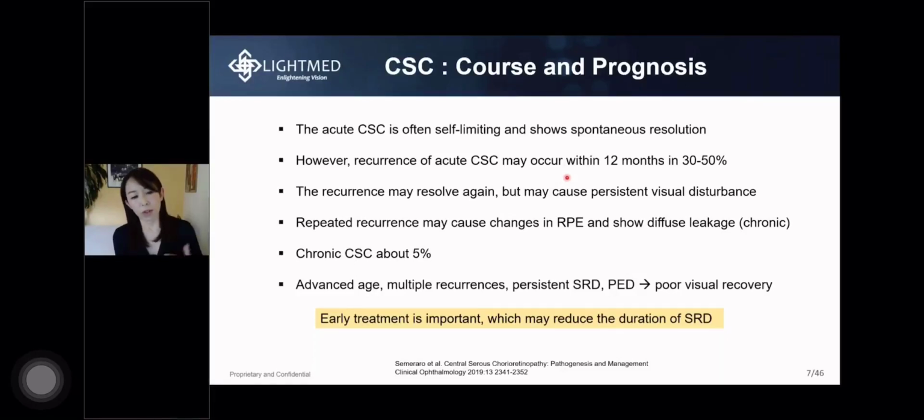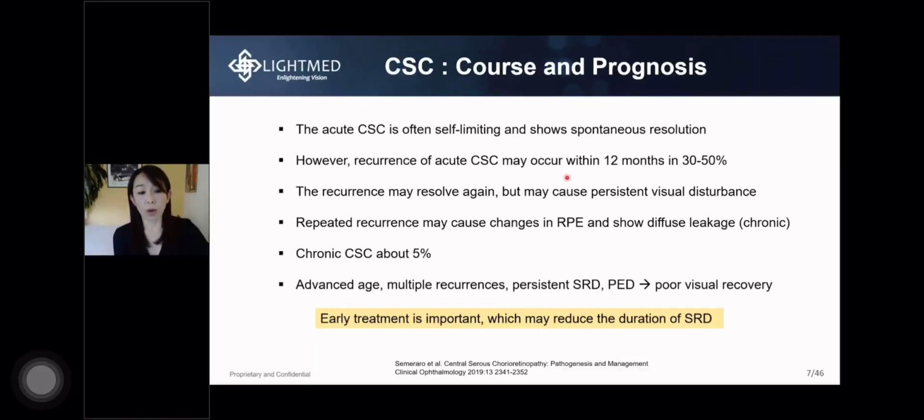So if you recur many times, then the RPE is slowly damaged and shows diffuse leakage. So this is the beginning of the chronic form. The real chronic cases are reported at about 5%. But not only such very typical chronic cases, there are many patients who have very often repeated recurrent cases.